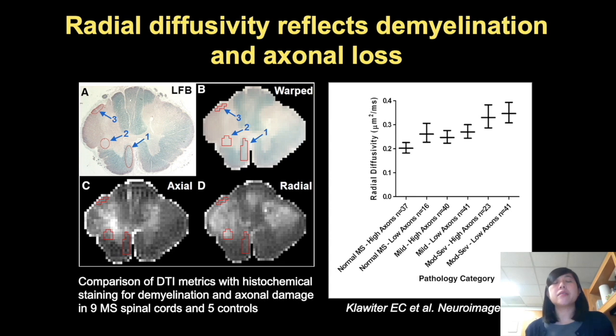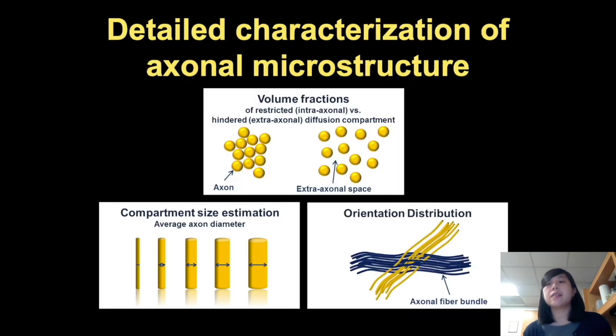However, various histologic imaging correlation studies have shown that these measures are not entirely specific to axonal integrity. For example, radial diffusivity reflects not only demyelination, but also a component of axonal loss. And this has led to the search for more specific markers of axonal integrity and microstructure using advanced diffusion imaging models and acquisitions.